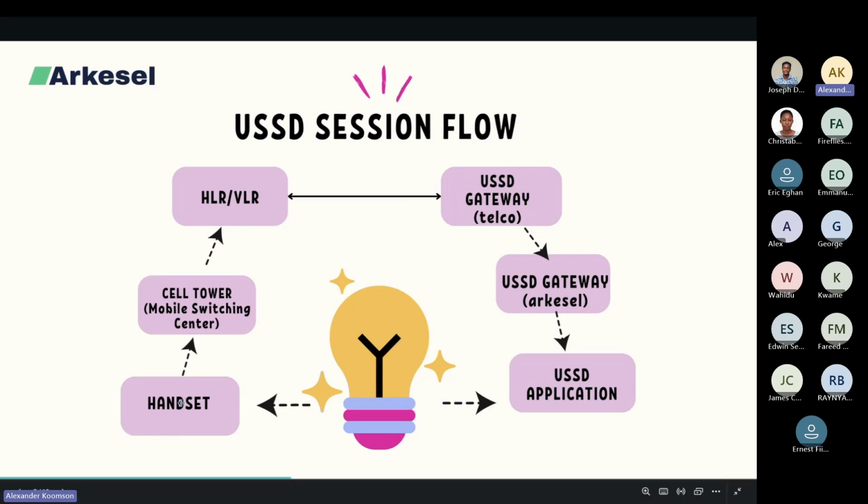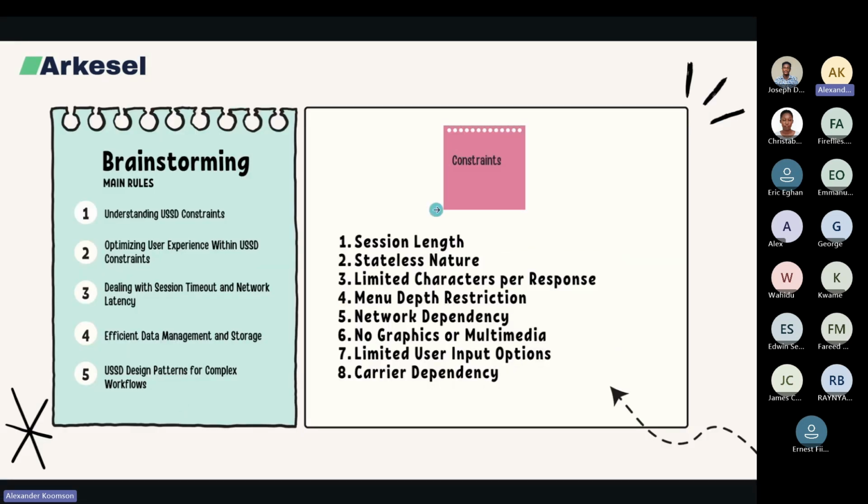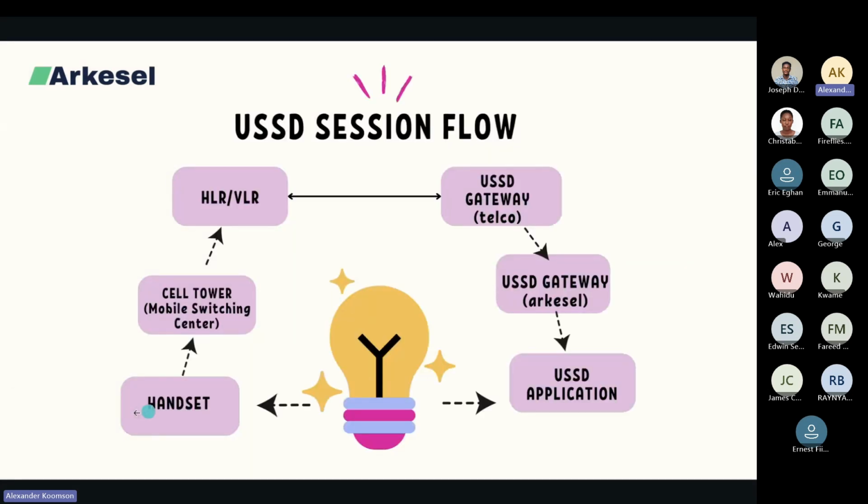Now, the first limitation we spoke about was session length, right? And with this diagram, I'd want to explain the session length a little. I mentioned initially that when we take the worst case scenario, you have roughly about 120 seconds for every USSD session. Out of that 120 seconds, most often than not, most telcos configure it so that 60 seconds of that lives here.